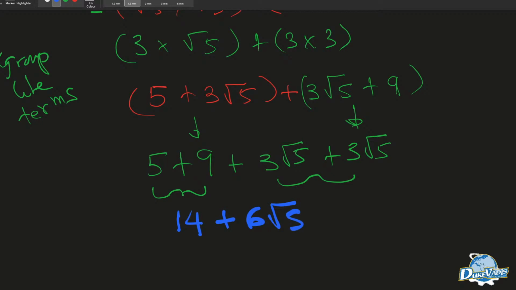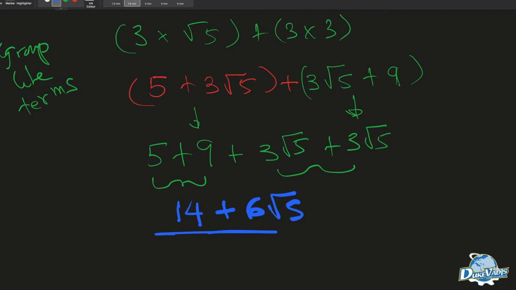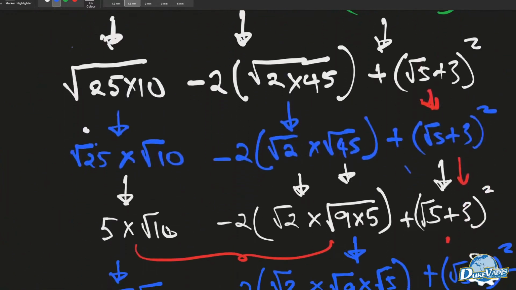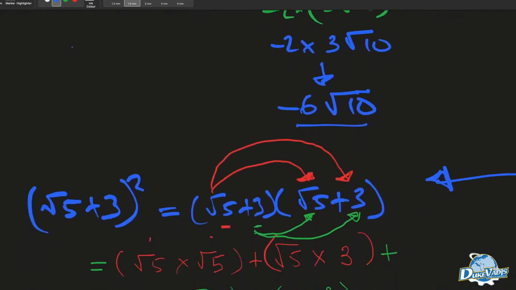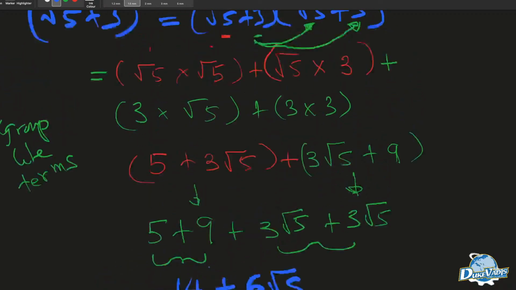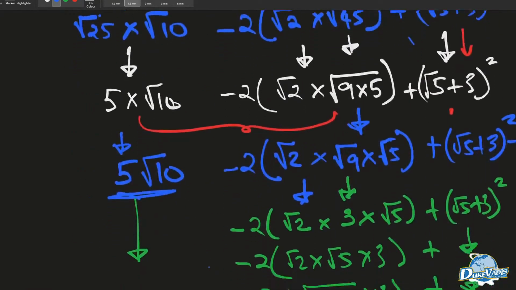Okay, so now I can put all together. We should remember the first one we did, our first answer when we computed the first value, is 5√10. So we write it down as 5√10, plus the second one we did, that is the middle one.